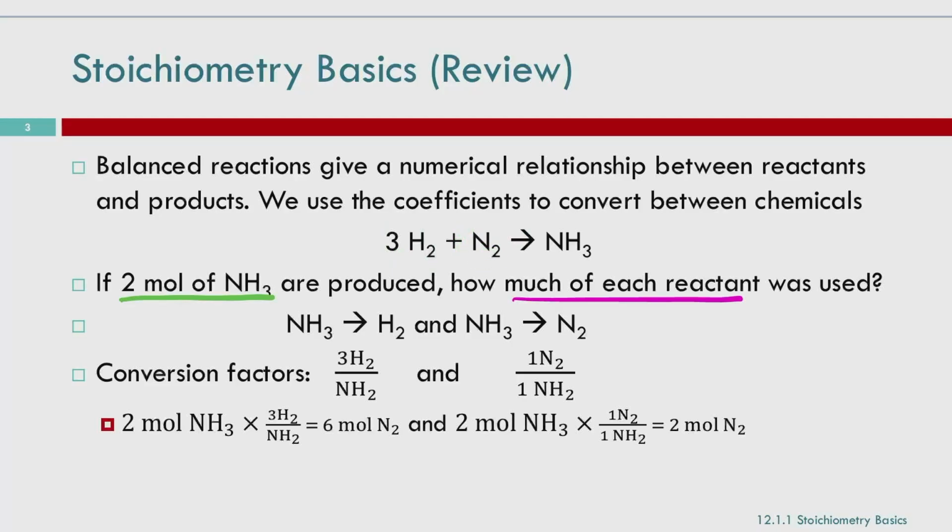So our 2 solution maps, our 2 things that we're trying to do, are to go from NH3, which we were given, to H2. We were also going from NH3, again what we were given, to N2, that's our other reactant. Our conversion factors are the ratio of the NH3 ammonia to the H2, and also the ratio between our NH3 and our N2.